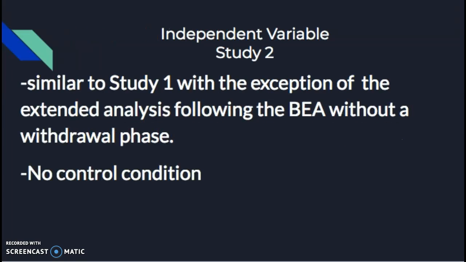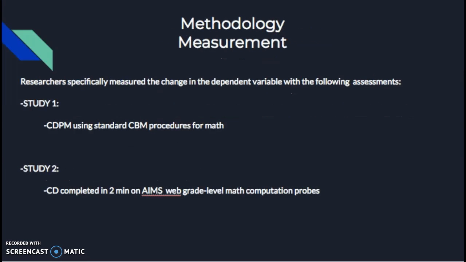So study 2 then, the independent variable, was similar to study 1 with the exception of the extended analysis following the BEA without a withdrawal phase. So again, they mention this withdrawal phase, but they don't really ever go into any detail about where it occurs within the study. And then there was no control condition for study 2.